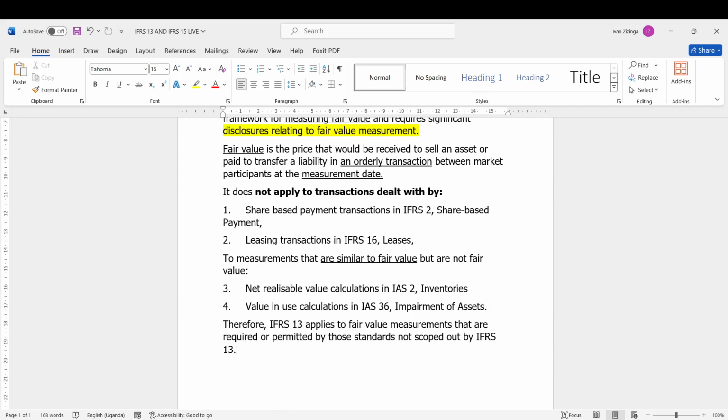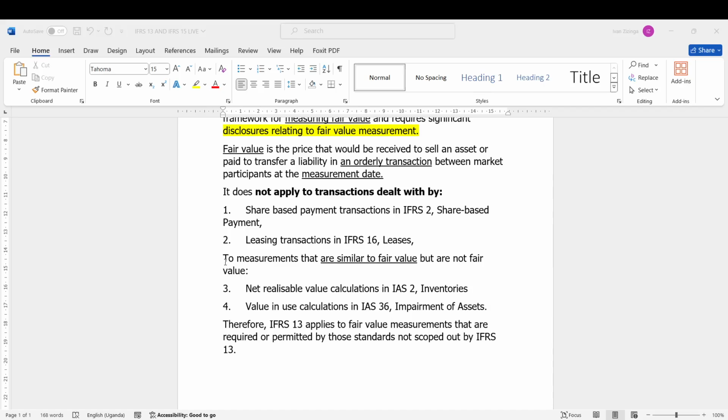Okay, so after looking at what is prohibited and the definition of fair value, I believe we can move on now and look at a very important statement, where fair value is assumed to be a market-dependent aspect rather than entity specific.